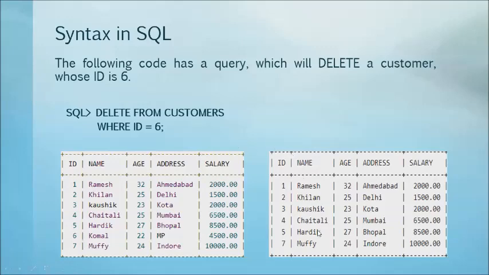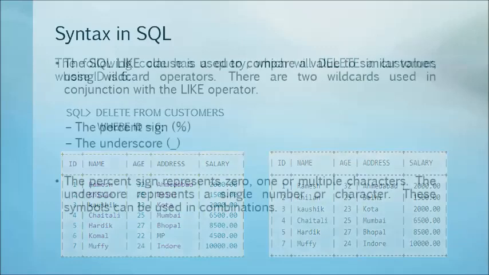So our generated output is 1, 2, 3, 4, 5, and 7. Why? Because we deleted ID number 6. So we deleted everything: the ID, the name, the age, address, and the salary of the customer's ID number 6.